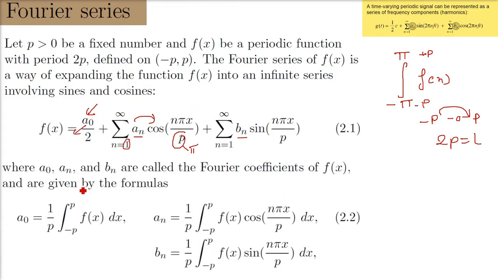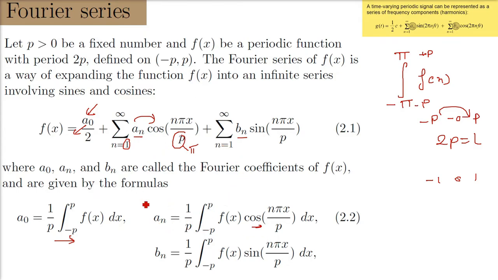It is very easy to find out these values an, bn and a0. Just multiply the whole function with the cosine term, and the whole function with the sine term. This way some of the parts will be cancelled, and you will get a0, an and bn. We are not going into that detail, but it is very easy to find. So now you see the expression. Every expression is an integral from negative p to p.